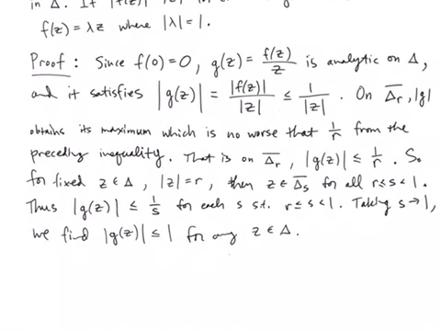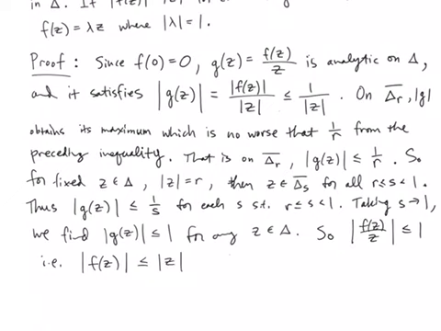But g is just f over z, right? So therefore the norm of f of z over z is less than or equal to 1, i.e. the norm of f is less than or equal to the norm of z for all z in the unit disk.